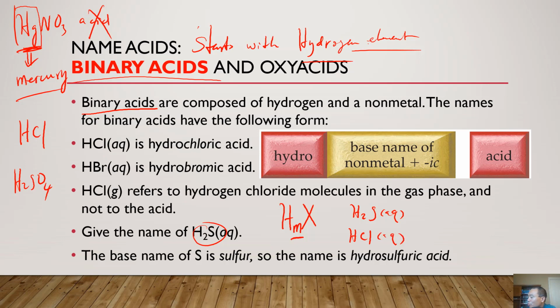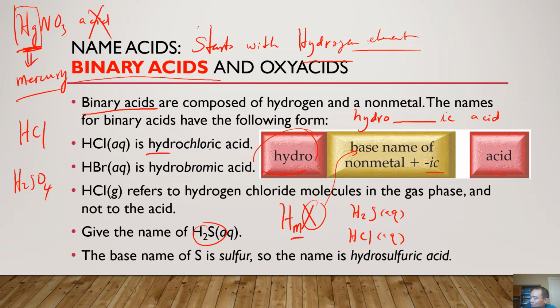The name is always hydro, whatever, ic acid. If I rewrite it using a blank to represent the base for that X, it's hydro-X-ic acid. So we can name this accordingly.